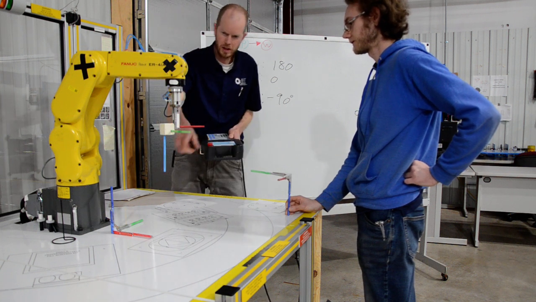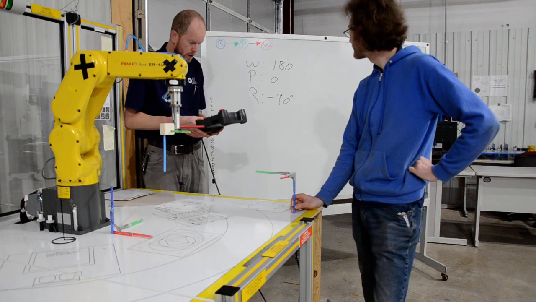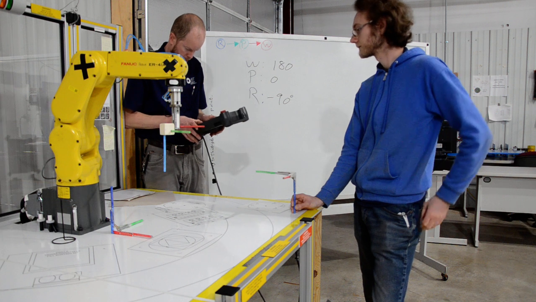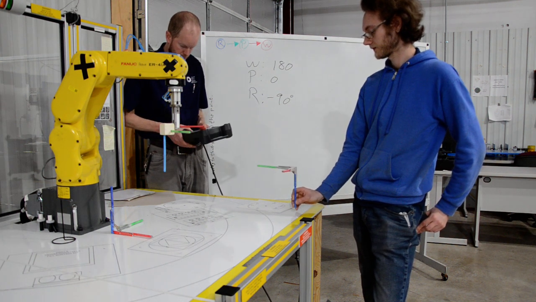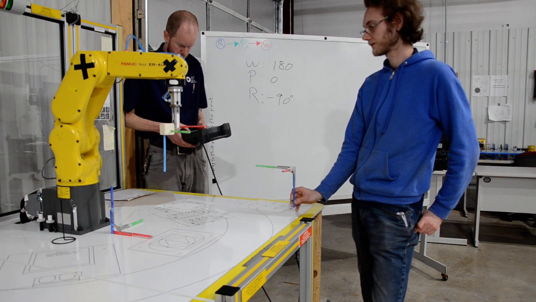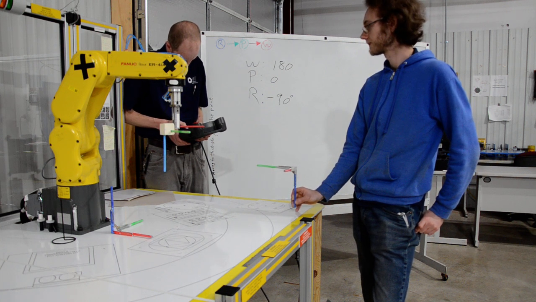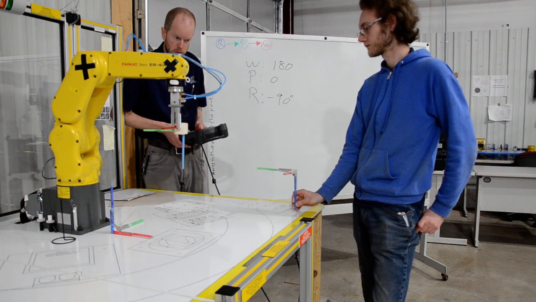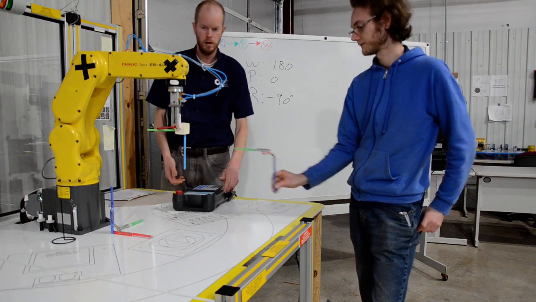It should get to that from here. Let me do it again here. 180, essentially 0, and then negative 90. Let's see if this one works. There we go. We did it. Nice job.